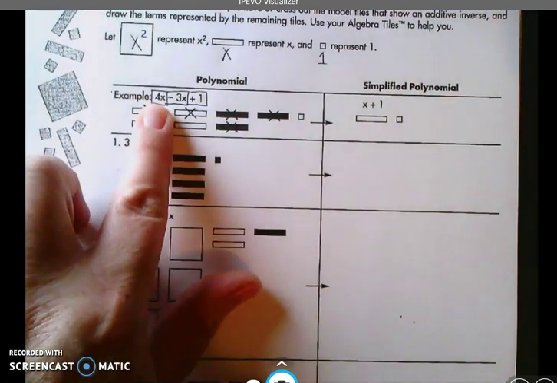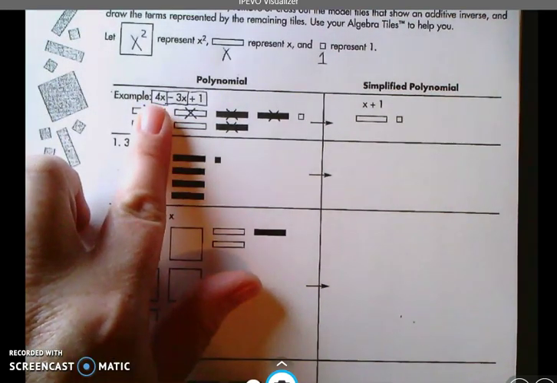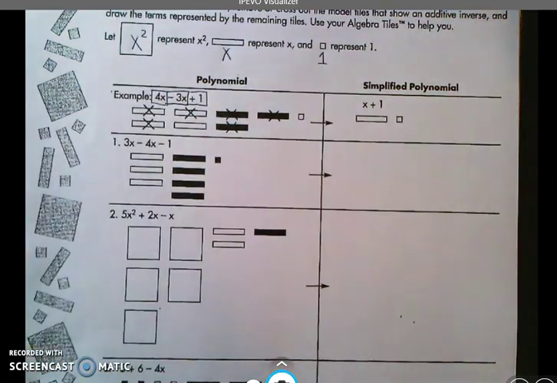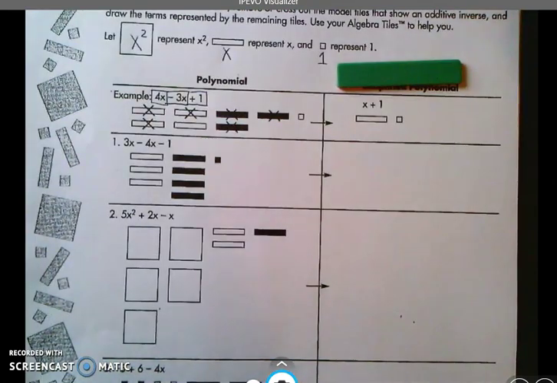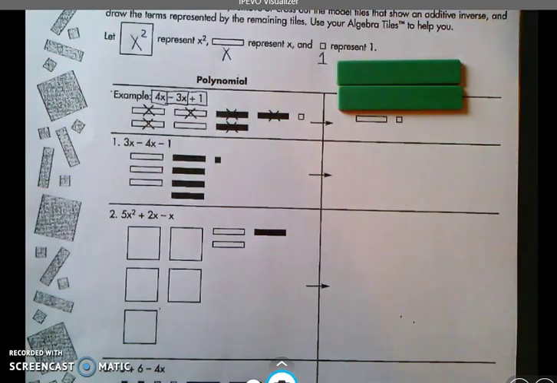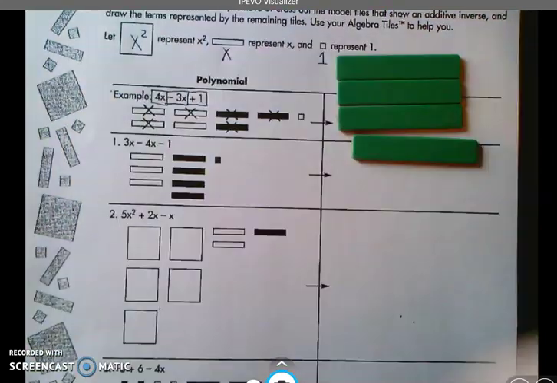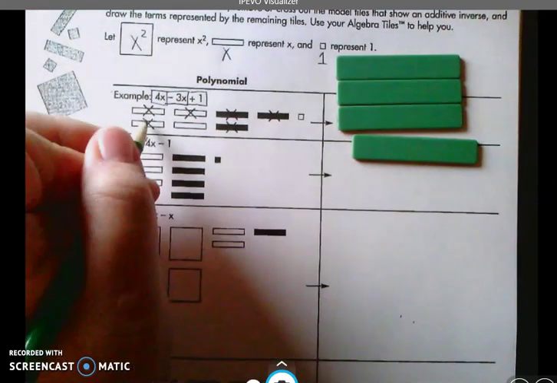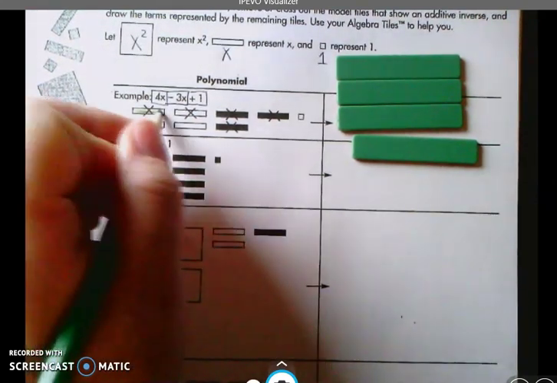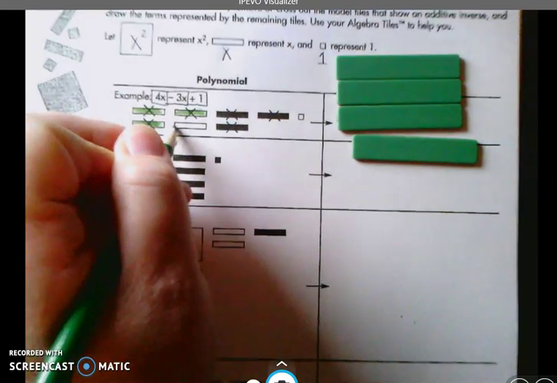So 4x means I have 4 rectangles, and because it's positive, it means I have 4 green rectangles. And if you want, you can color theirs in, because that's what you just did. You put those on there.